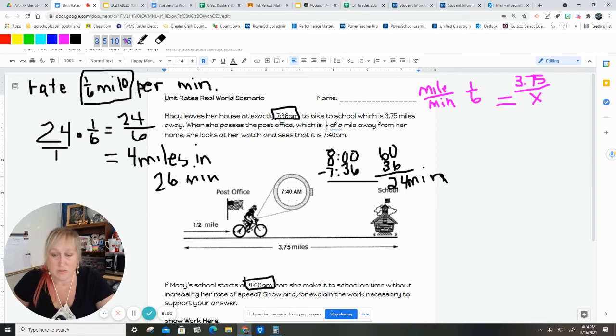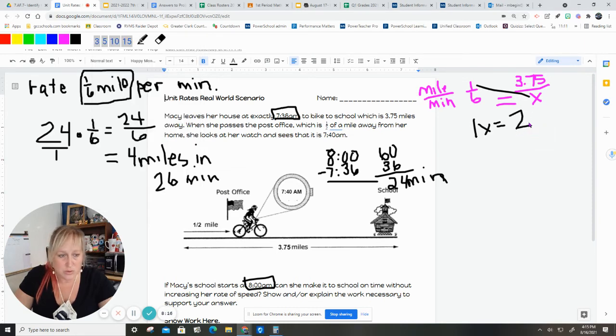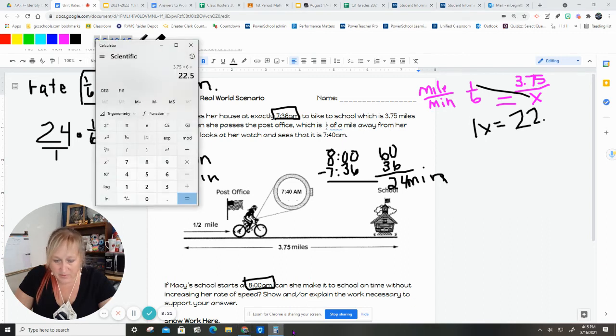So then we can cross multiply: 1 times x, 1x equals 3.75 times 6 equals 22.5.